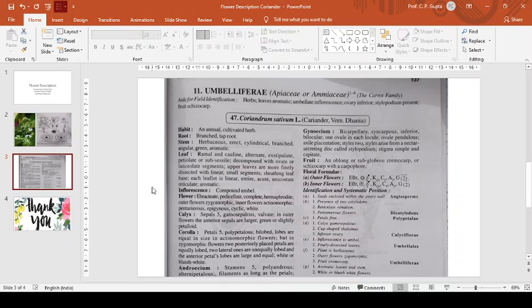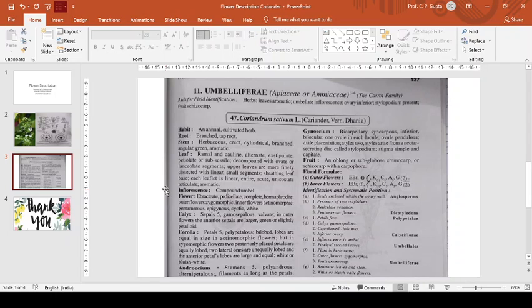And one more very important plant having medicinal value is Centella asiatica, also known as Brahmi booti, the king of medicinal plants. It is used as a brain tonic and also in madness and leprosy.